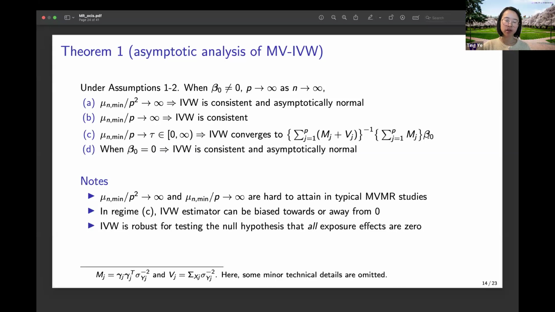This is pretty concerning because in univariable MR, IVW is biased towards the null, which is more conservative and perhaps less concerning. But in this case, because it's a vector that's multiplied by beta 0, some components of beta 0 might be biased away, some may be biased towards 0.